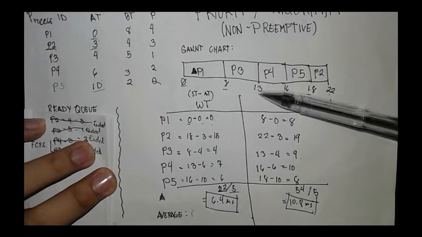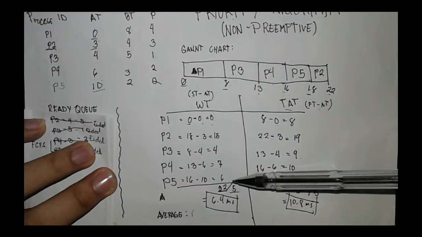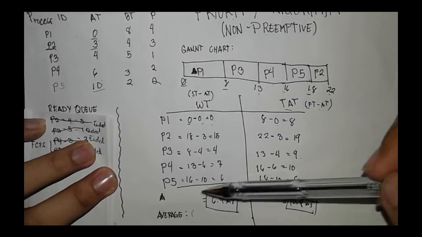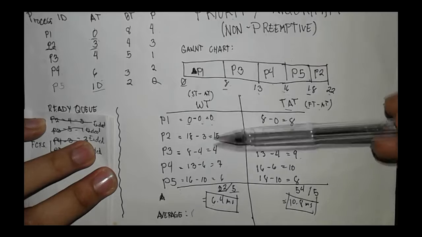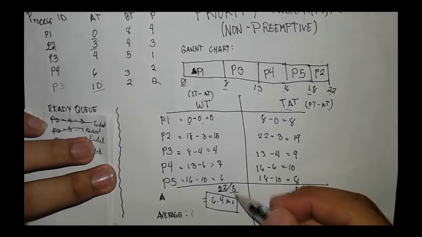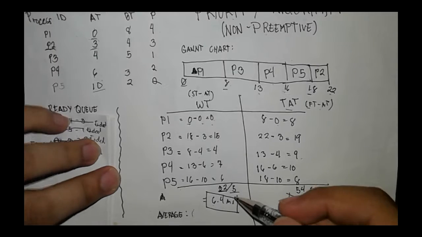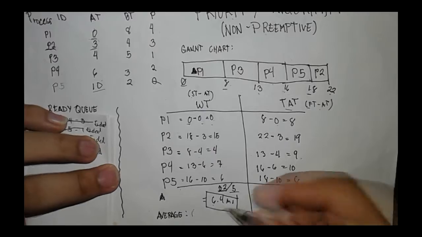P4 starts at time 13, with an arrival time of 6, so we get 7. P5 starts at time 16 minus arrival time of 6, so we get 10. The total of these is 32, divided by 5, so we get 6.4 ms.